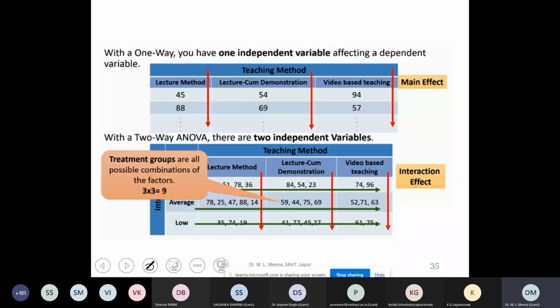In one-way ANOVA, we get only the main effect, but in two-way ANOVA, we get the main effect as well as the interaction effect. Interaction effect means between two different independent variables. So we can see in this, 3 by 3, the combinations are 9.